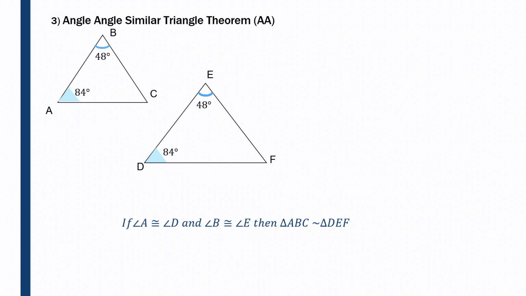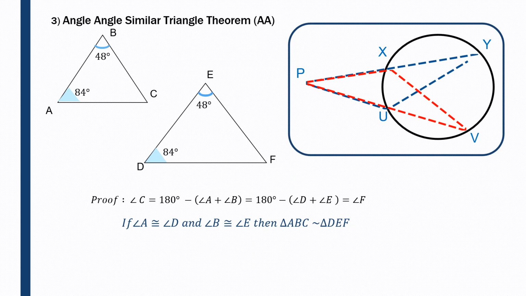Since angle A is equal to angle D and angle B is equal to angle E, by assumption, 180 minus angle A plus B is equal to 180 minus angle D plus E, which is the third angle F in triangle DEF. In our proof, PXV and PUV are similar by this theorem, the AA postulate.